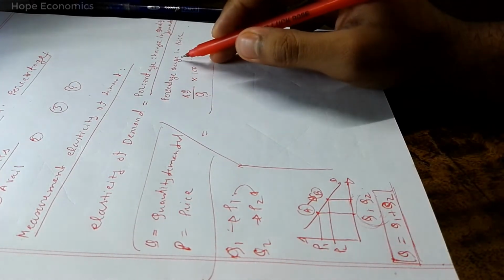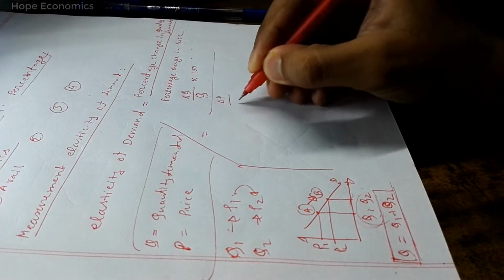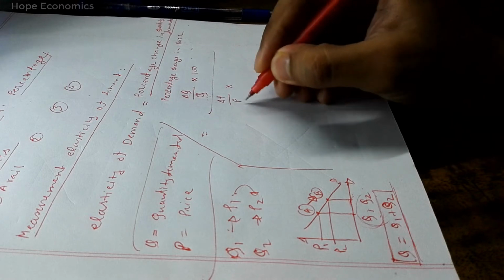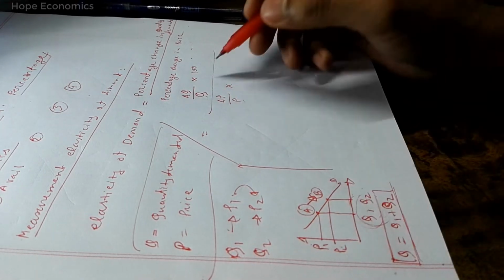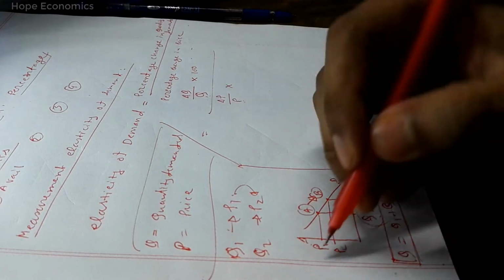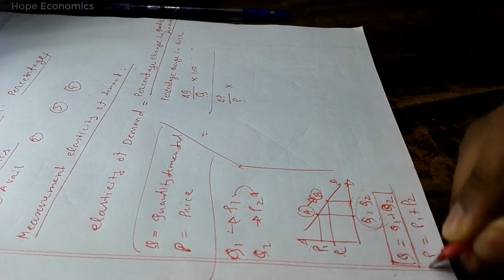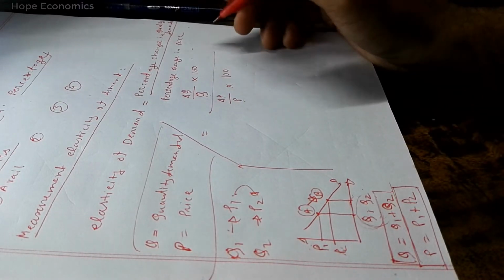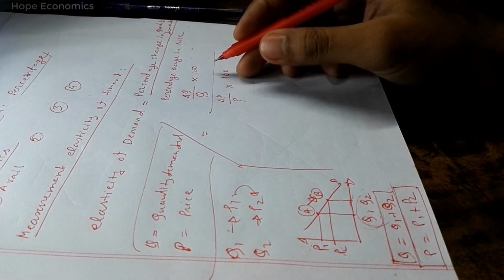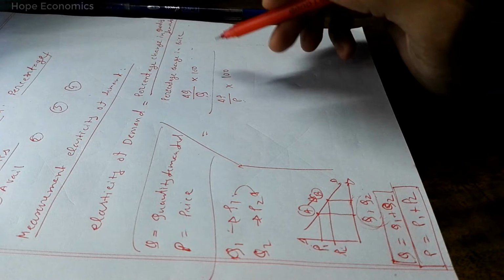Right now we have to divide by percentage change in price. So let's assume del P divided by P, and of course in this case del P means the difference between P1 and P2, and P means the summation of P1 and P2. That means P1 plus P2. So this is the main case, into 100. This is what our price elasticity of demand law actually looks like.